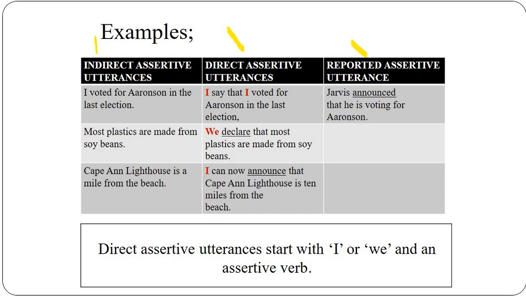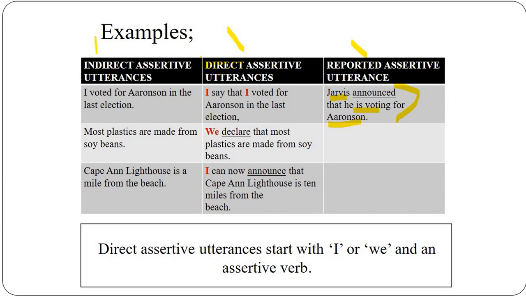So the indirect one: I voted for Aronson in the last election. And I say that I voted for Aronson in the last election is the example of direct assertive utterances. And reported assertive utterances: Jarvis announced that he is voting for Aronson. This is a kind of reported speech example, and this sentence asserts the fact that this person is going to vote for somebody.